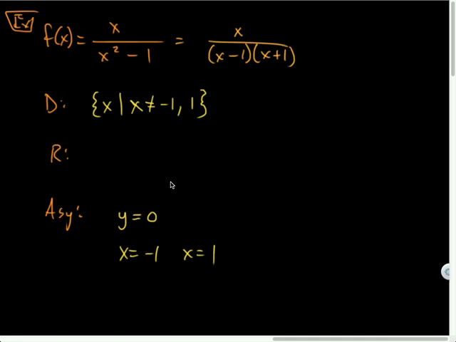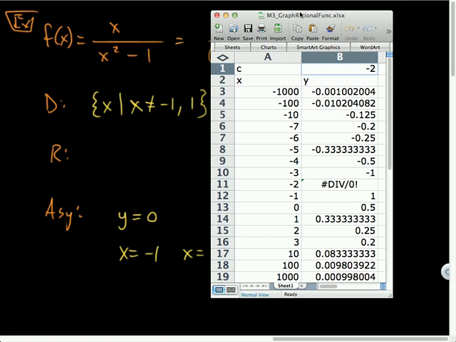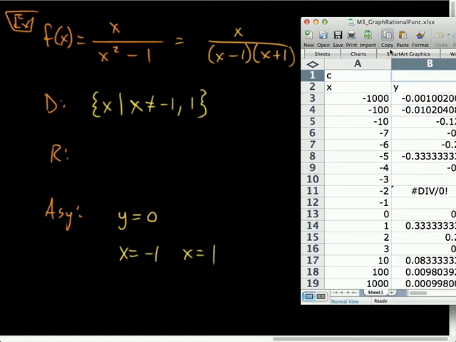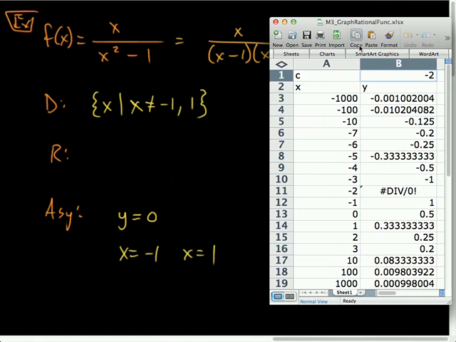So let's actually throw this in the Excel. Let's program our function here. This time it's x over x squared minus 1. So x for me is the cell A3, that's my x value. And I'm dividing by parentheses A3 to the second, that's squared, minus 1.